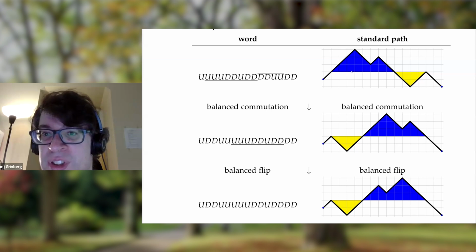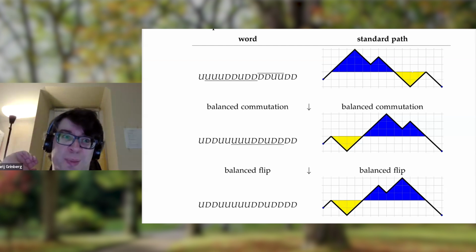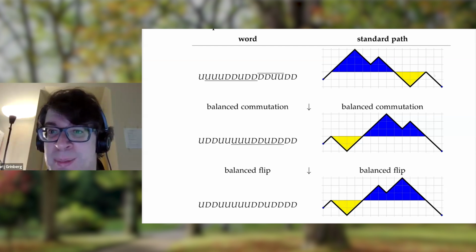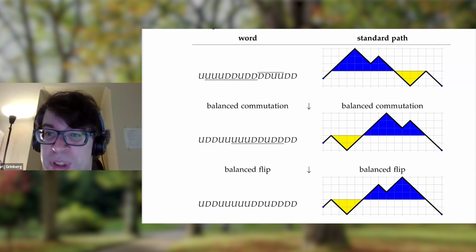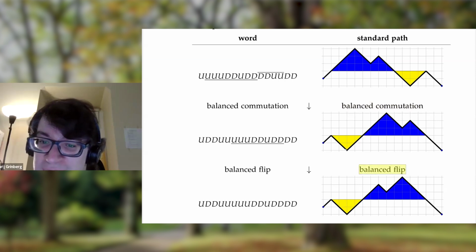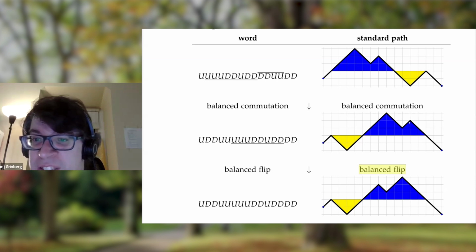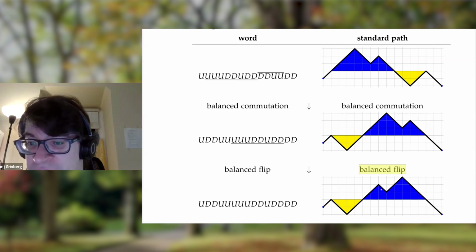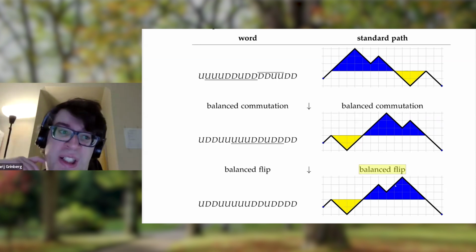And then there is a left part and a right part between those cutting points. And so what a balanced commutation does is simply swap those two parts. So the blue part and the yellow part get swapped. What a balanced flip does, I'm not doing anything with the yellow part here, but I'm reflecting the blue part across the vertical line.